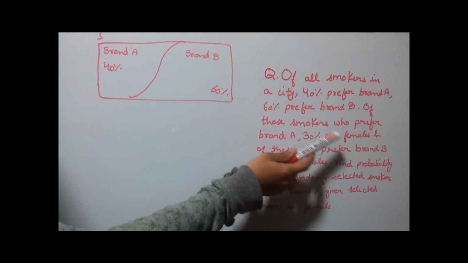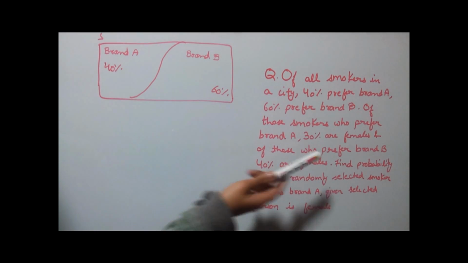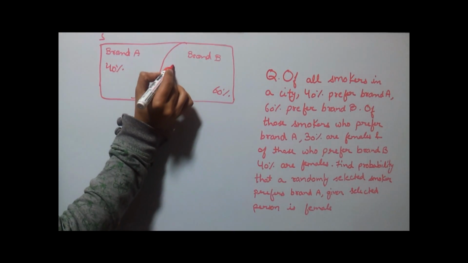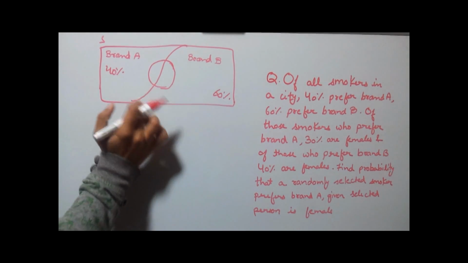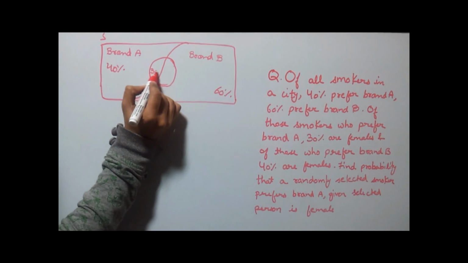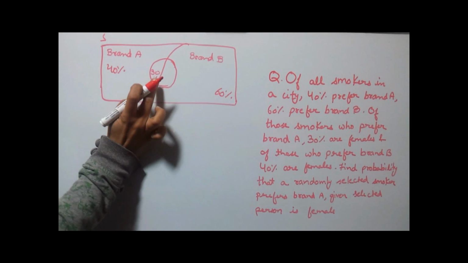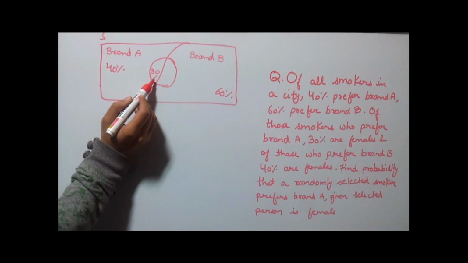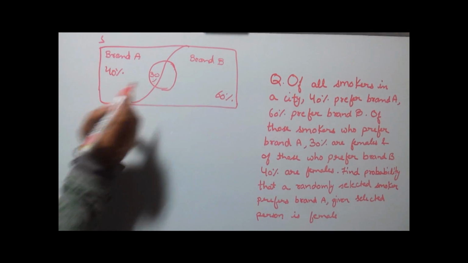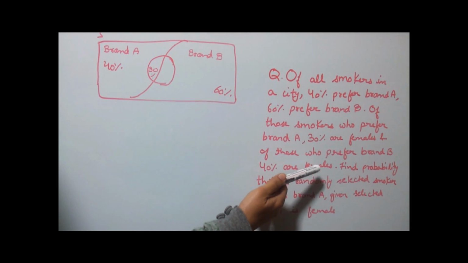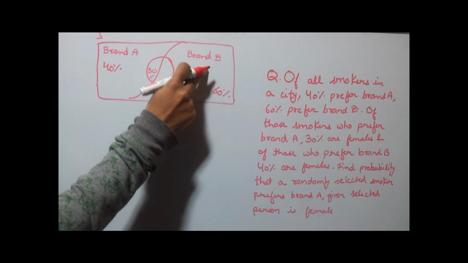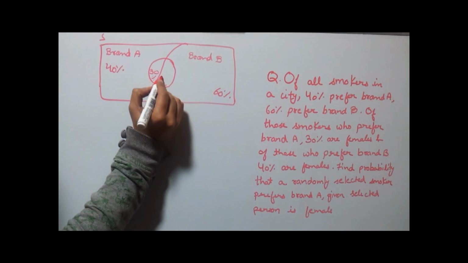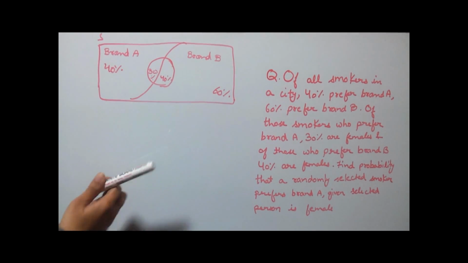Of those smokers who prefer brand A, 30% are females. Now we select another event which consists of females only, and this area is the percentage of those people who are females as well as prefer brand A. And of those who prefer brand B, 40% are females. So those people who prefer brand B and are also females are 40% of those people.